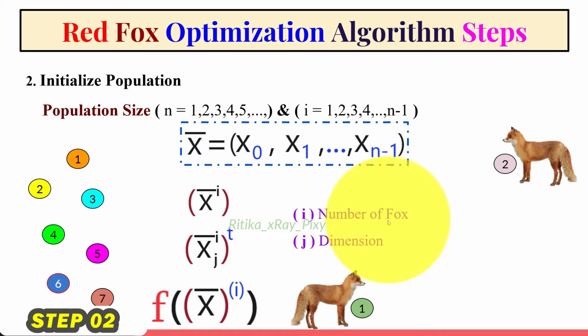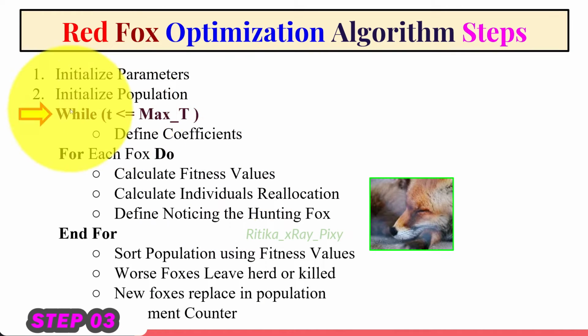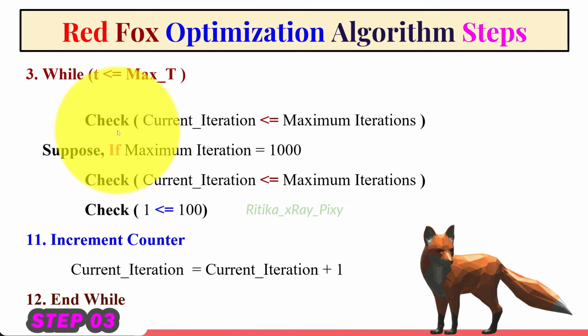So first we will initialize the population. Here you can define any number of red foxes, and then we have the number of design variables, or the dimension. After that we will start this. We will check whether the current iteration is less than or equal to the maximum iteration or not. Right now the current iteration is 1, and the maximum iteration, suppose we have 100, suppose it is 1000.